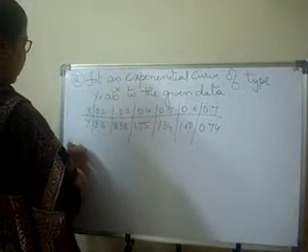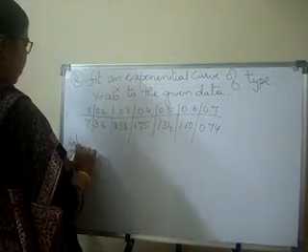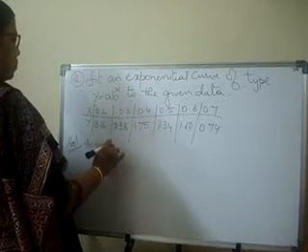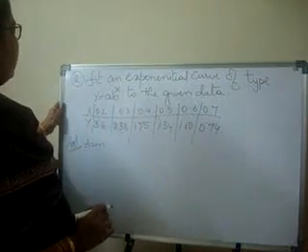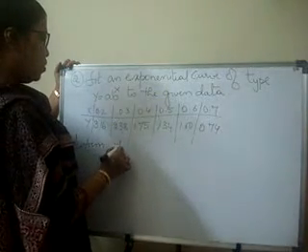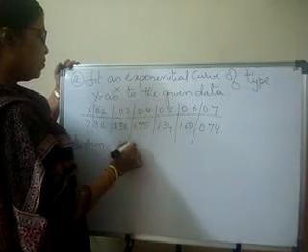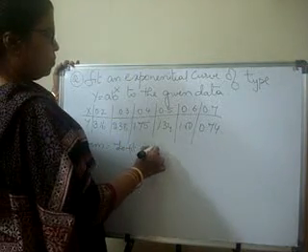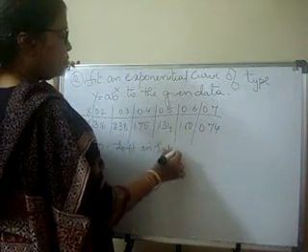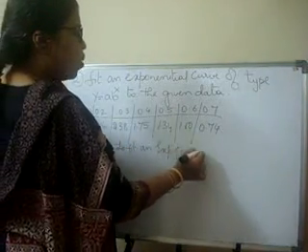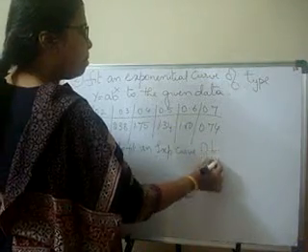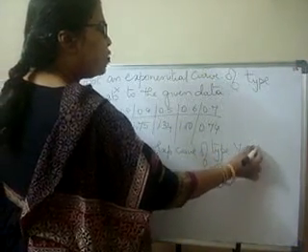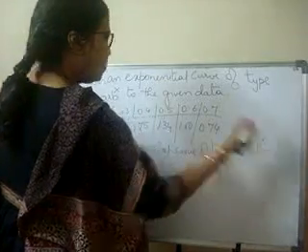Now the solution. So what is our aim? To fit an exponential curve of type y equals to AB power x.